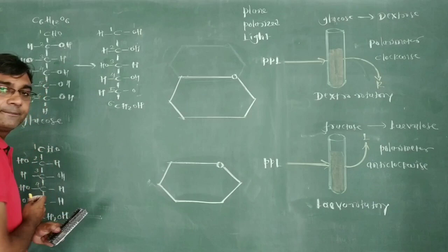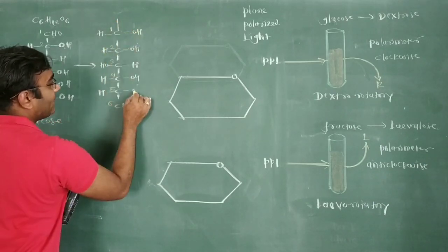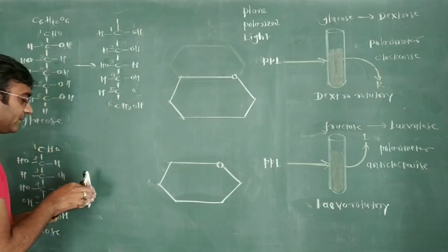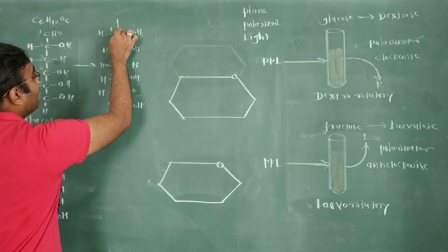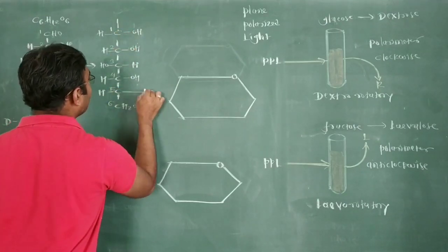So one bond opens: one valency of carbon is missing and one valency of oxygen is missing. So this oxygen is joined between the first carbon and the fifth carbon. This completes the ring.